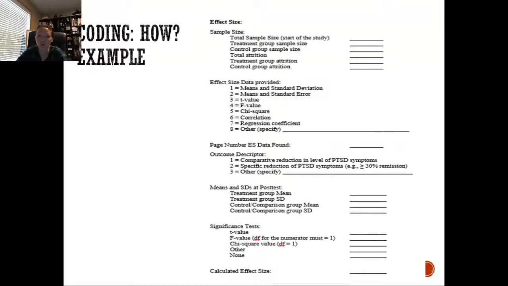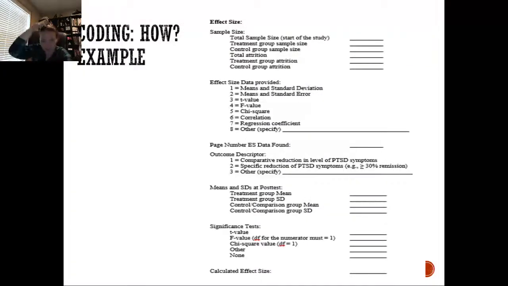Then you're going to want both the treatment and control group sample sizes. You're going to want to know how many total left the study, so the total attrition, and then you're also going to want to split up the attrition by treatment and control groups as well. And we'll talk about why that's important on the last slide, but you will want to have that information for dropouts.